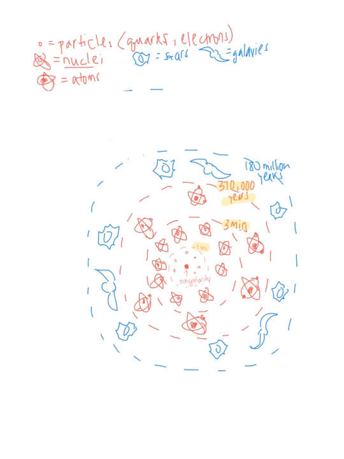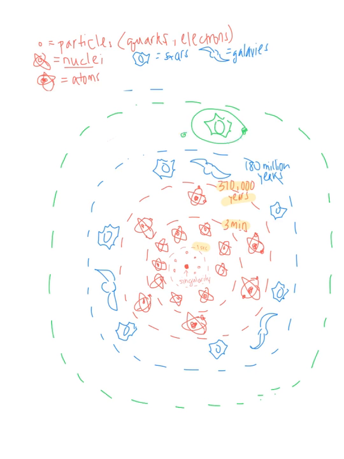Well, after stars and galaxies start to form, we finally are going to get our last thing. And of course, at this point, this is when you start to finally get planetary systems.